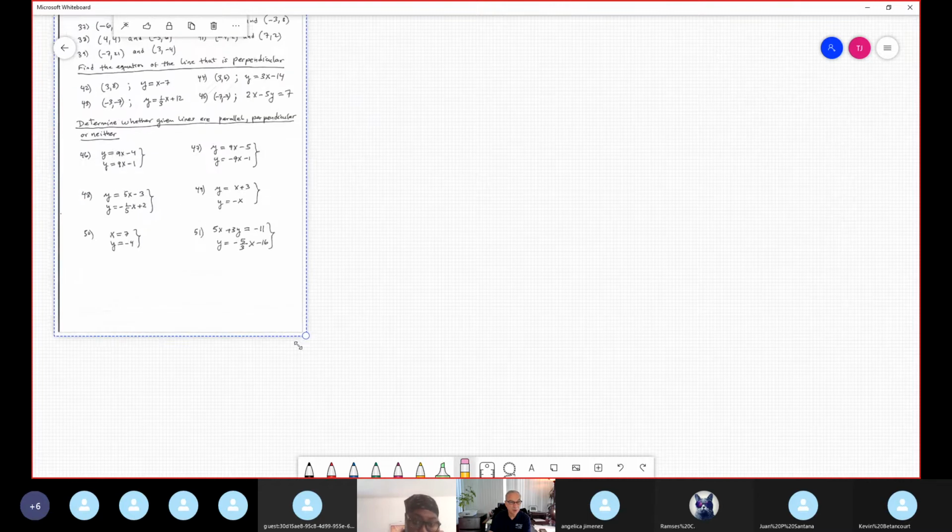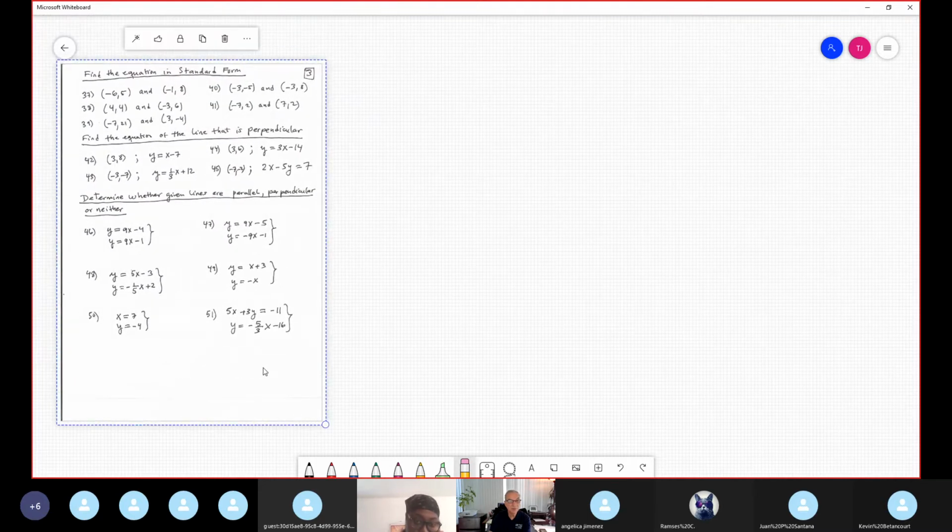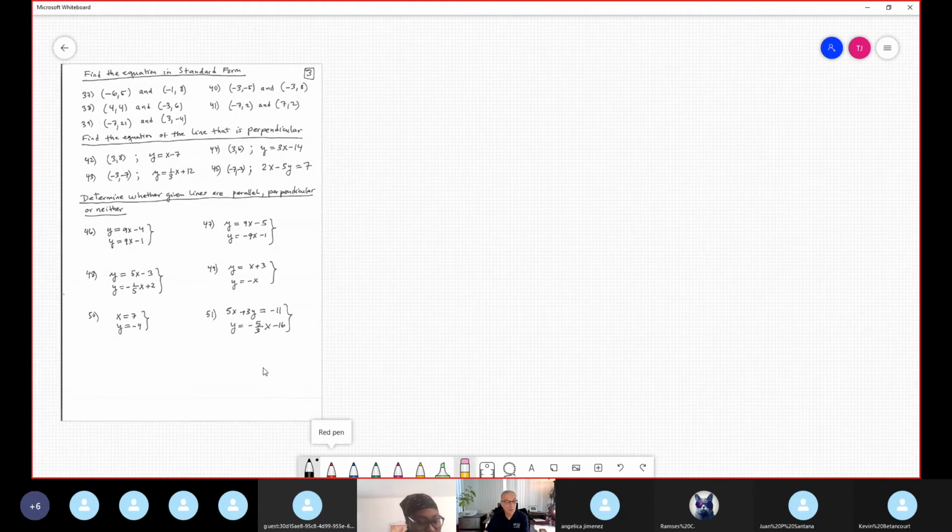What's the idea in this problem? The 2 lines are given, and I need to state the relationship between the lines: parallel, perpendicular, or neither. I remember that when it's parallel, the slope should be the same.